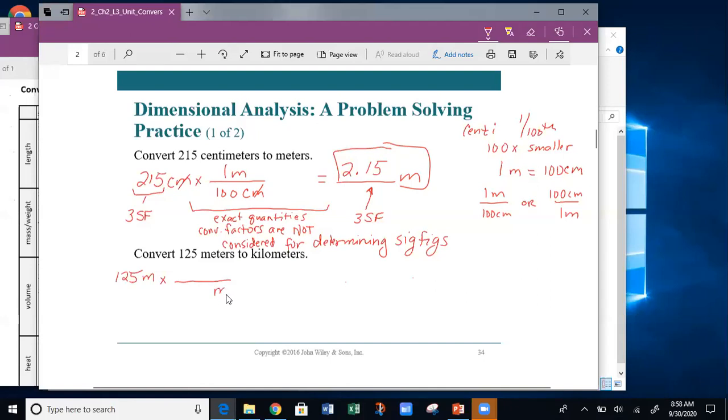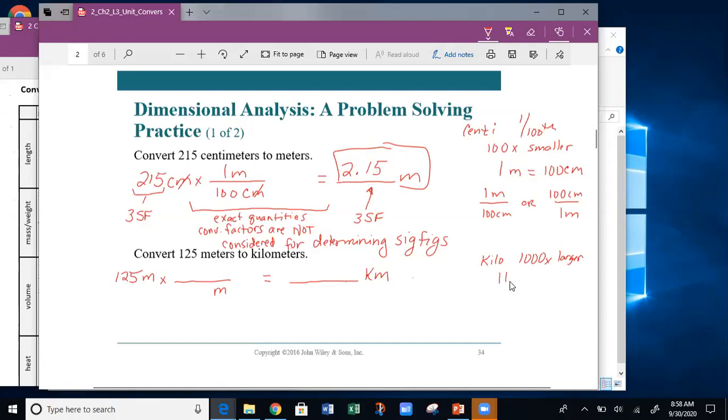I know that I need to have meters in the denominator of my first conversion factor. And I know that I'm trying to find kilometers. Kilo means 1,000 times larger.